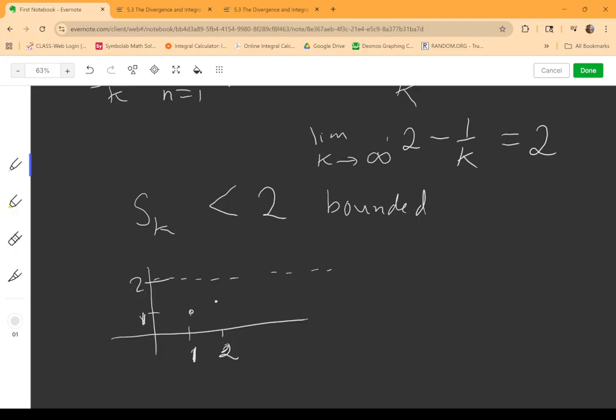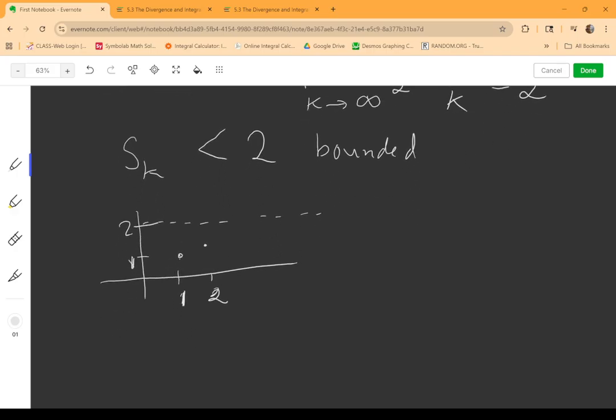From when we started talking about series and sequences, I need to show that it is bounded from above and increasing, and then I will show convergence. Well, if I take a look at the kth sum, the kth sum is nothing but s sub k minus 1 plus 1 over k squared.